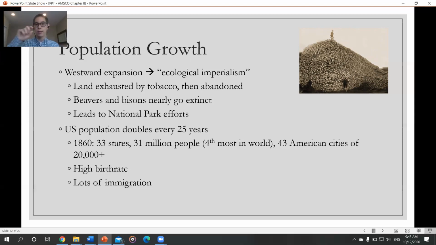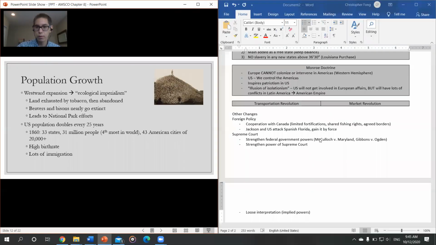Native Americans obviously had completely relied on the land to survive, and so that's going to have huge effects on native populations as well. Famous photograph of some explorers standing on the skulls of bison, I believe. And so there will eventually be some efforts to conserve land, national parks and whatnot, but that will take a little bit of time to get going.